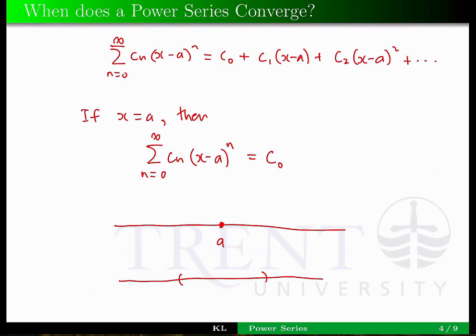And in our last example, we found that the power series converges everywhere. Whatever x you choose, the power series will converge. So we actually have these three possibilities. The power series can only converge possibly at x equals a, or the power series converges on a certain interval, or the power series converges everywhere.